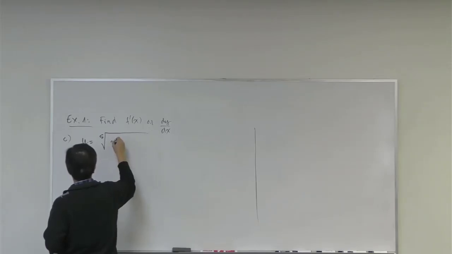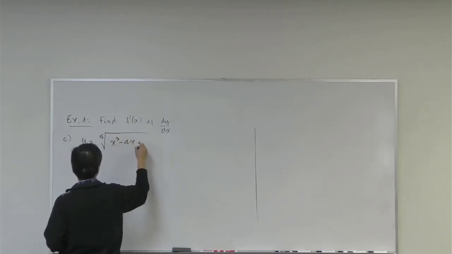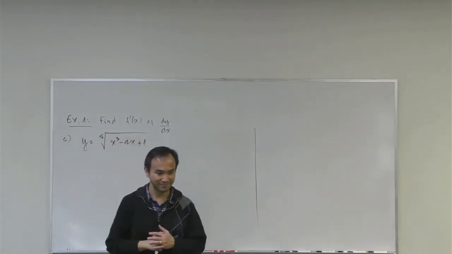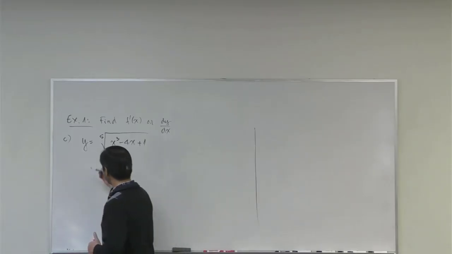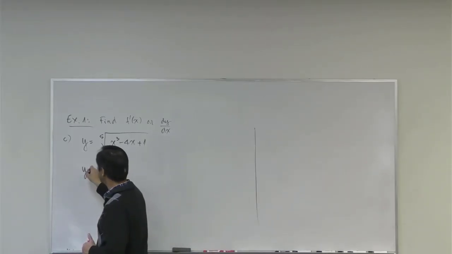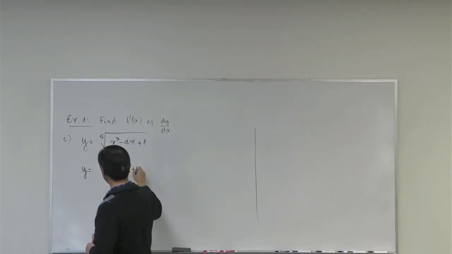It's x cubed minus 4x plus 1. For this function, from the start, it's useful that we write it as x cubed minus 4x plus 1, the fifth root, raised to a 1/5 power.